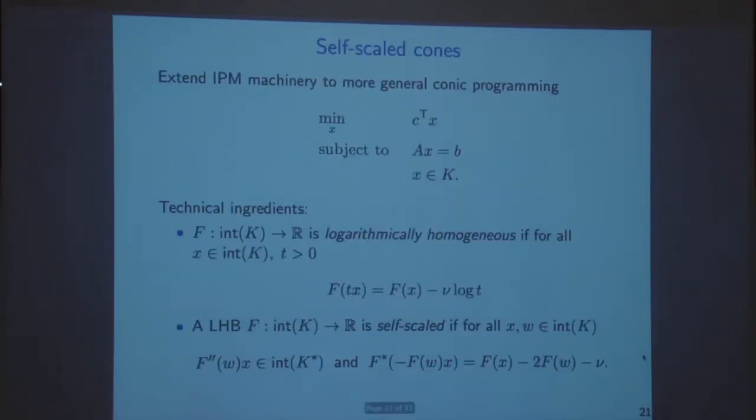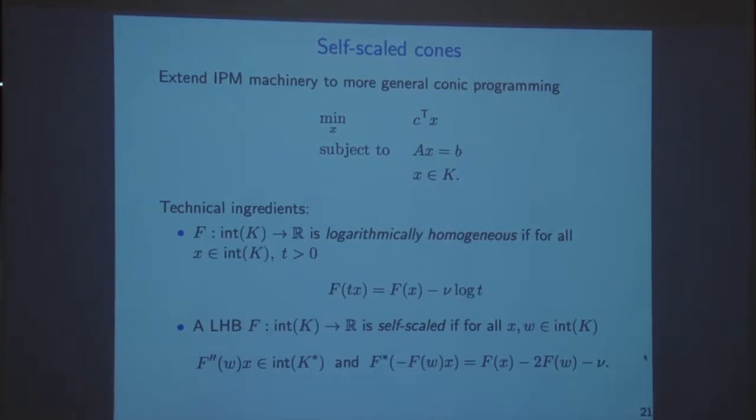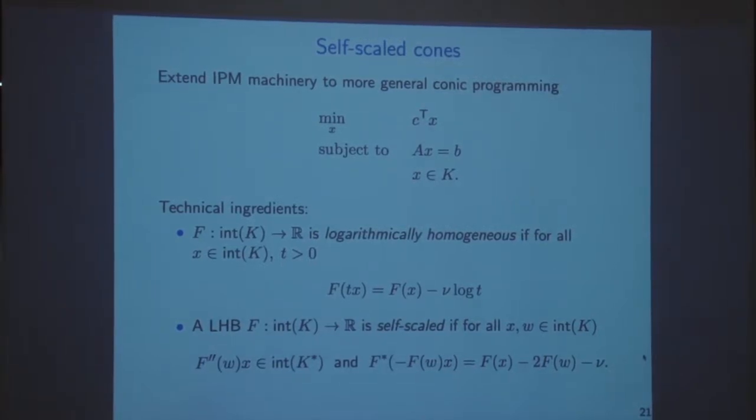And then, what is really cool is that we can take this even farther. That is, to a class of cones called self-scaled cones. So I'll describe this really quickly. The idea is we can think about both linear and semi-definite programming as that kind of problem, where in the case of linear programming, the cone is R^n_+.